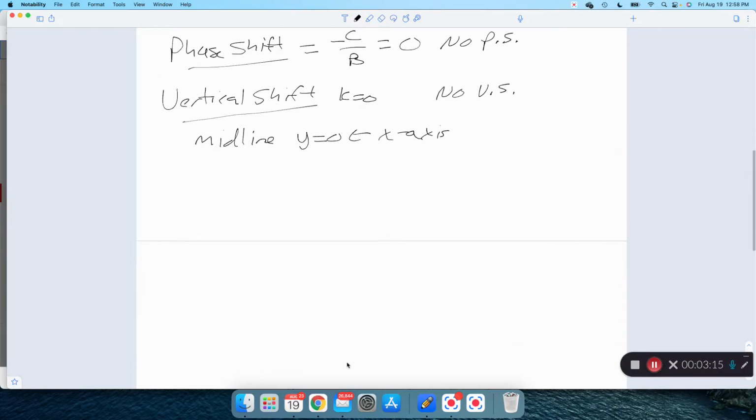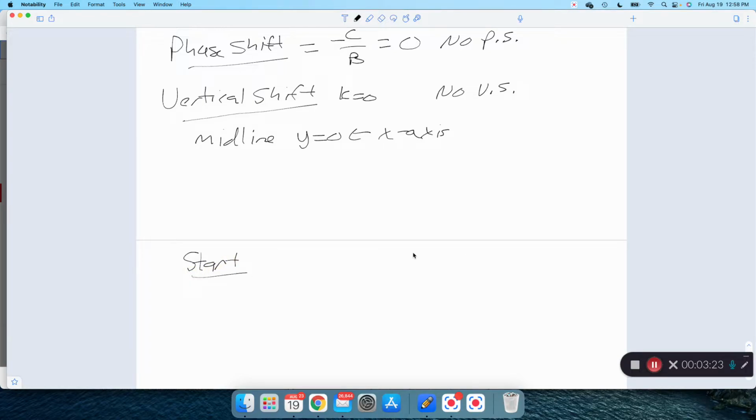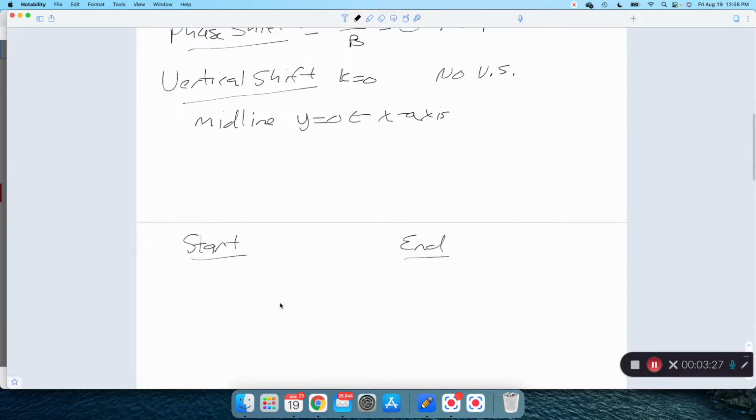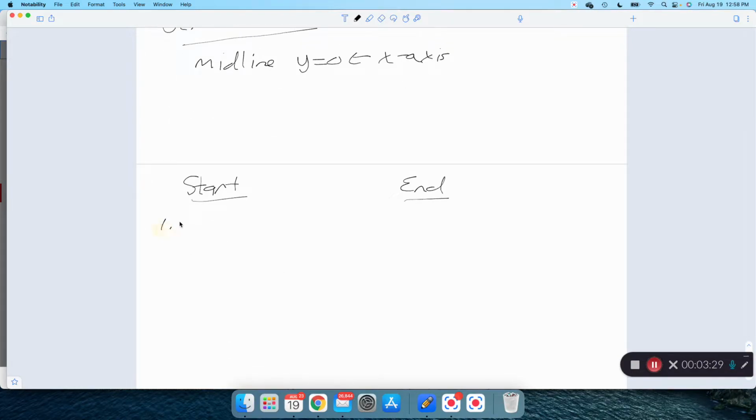Okay, next, we want to find our start and end. And this won't make much sense until we do a few examples, but I want you to get in the habit of always writing this out. Start is always the inside. Whatever's inside the parentheses equals 0. And end is inside equals 2 pi.